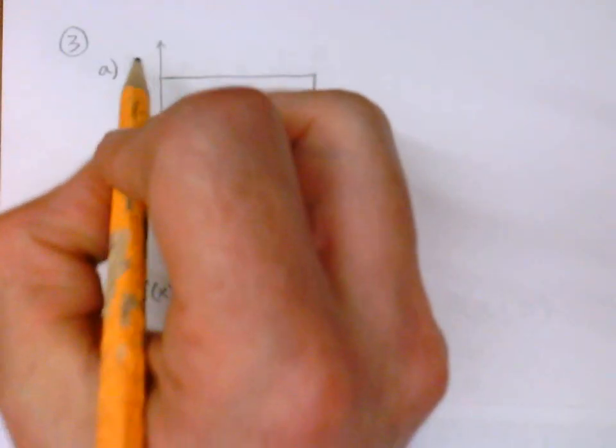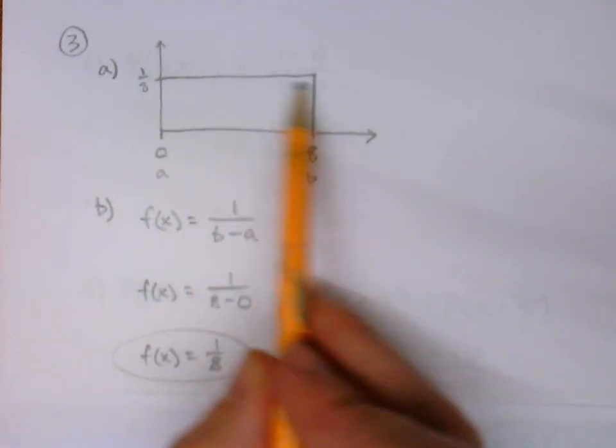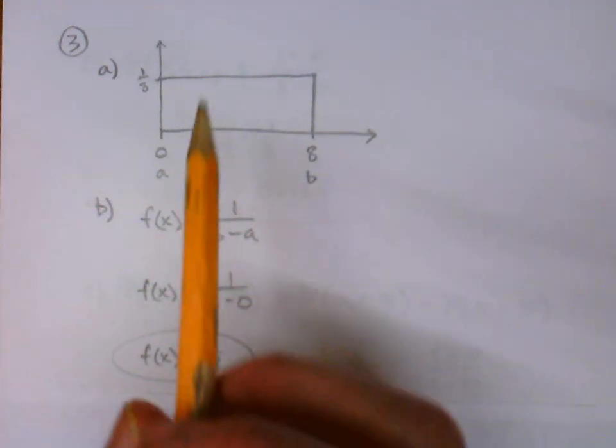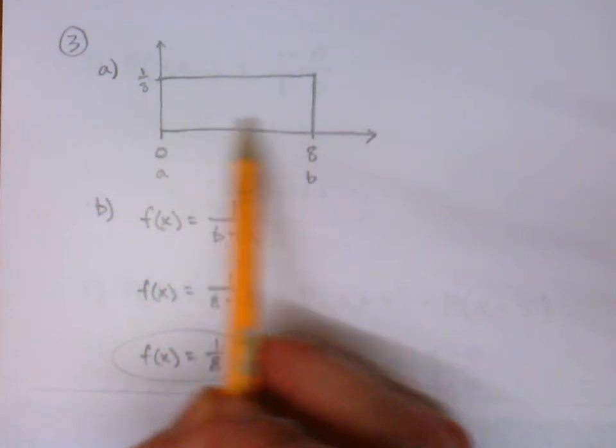And it turns out that if you wanted to know how tall this rectangle is, it's 1/8. If I could say anything more about that, think what's the full area of that rectangle?